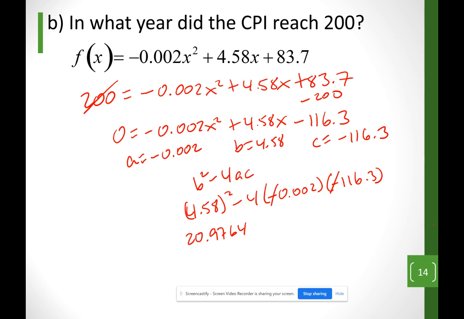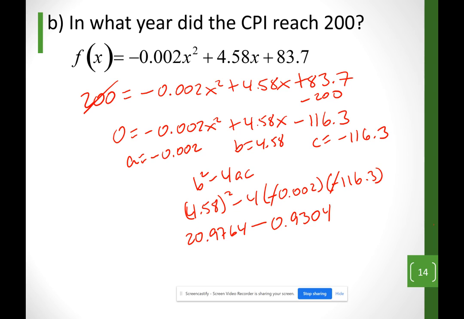Now, these two negative signs make a positive, but there's still a third negative sign, so that's a negative. 4 times 0.002 times 116.3, I get 0.9304.